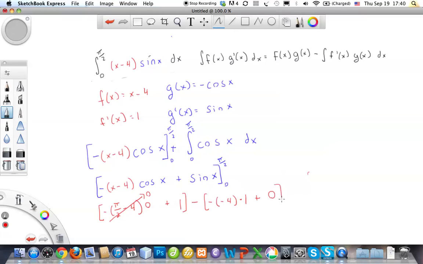Now all this simplifies to, we got a negative 0 plus a 1, which is just a 1, minus, we have negative times negative is a positive, so we're going to have a minus 4 here, which gives us our answer of 3. I'm sorry, negative 3.